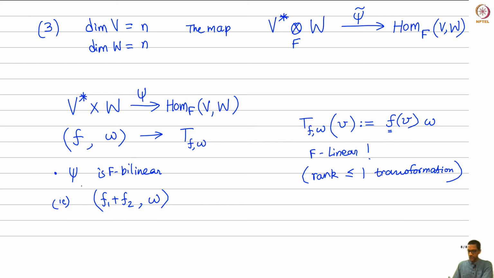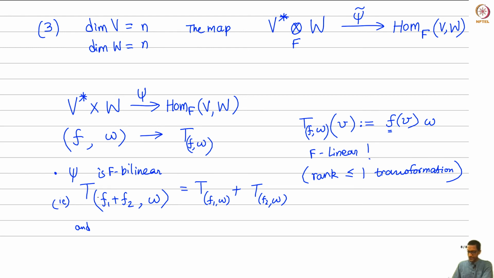So I claim that the operator T(F1 plus F2, W) is just the sum of the operators T(F1, W) plus T(F2, W). And similarly for scaling and so on.